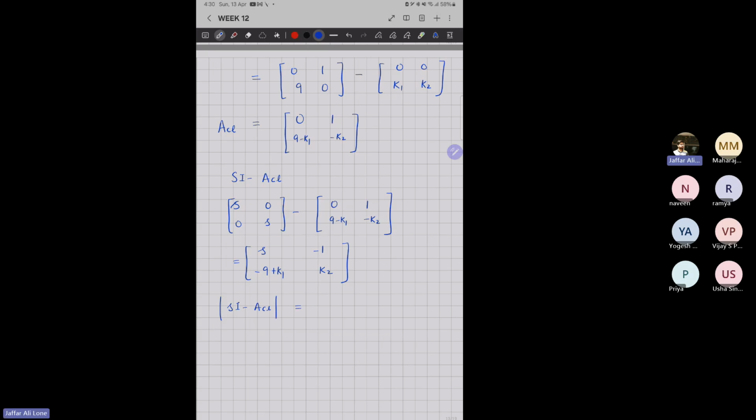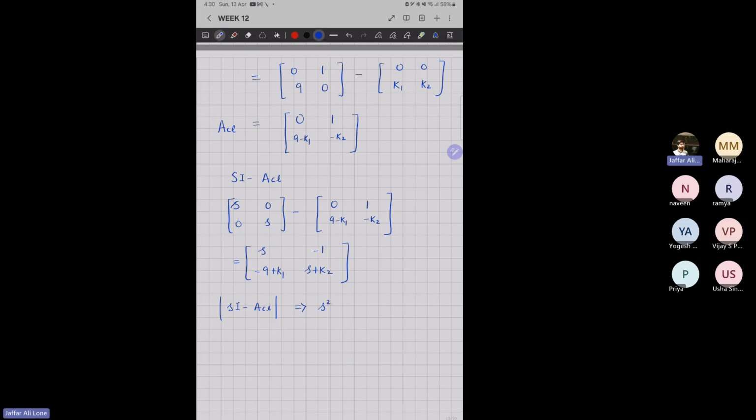So what will my characteristic equation be? It will be S minus... S plus K2. Yes, is it correct? It should be S plus K2. Now let's take the determinant.